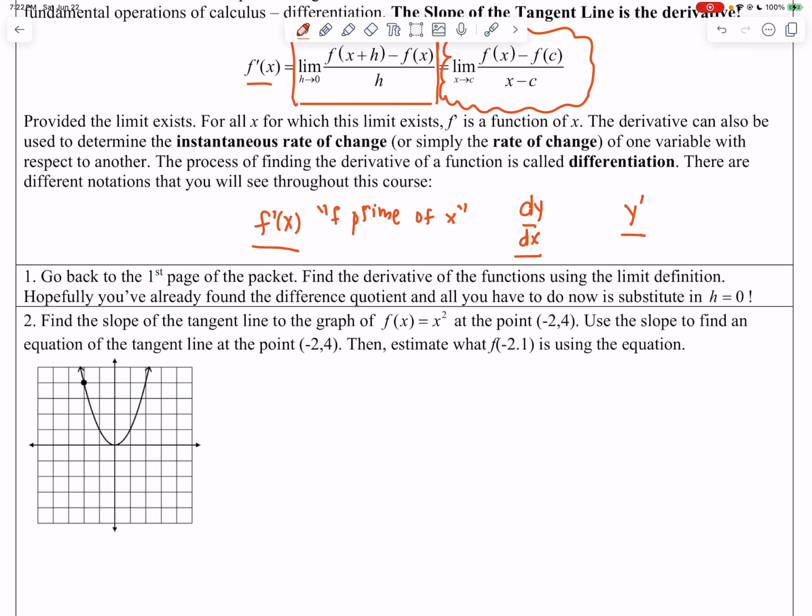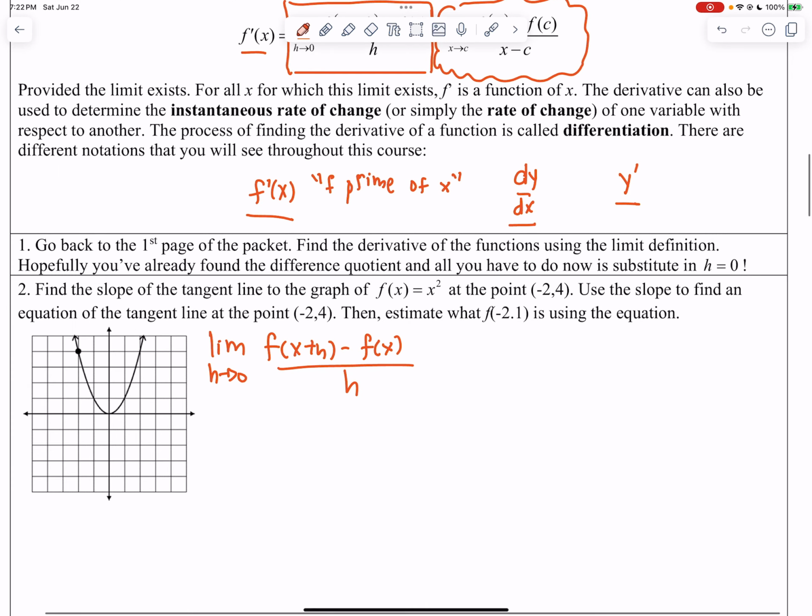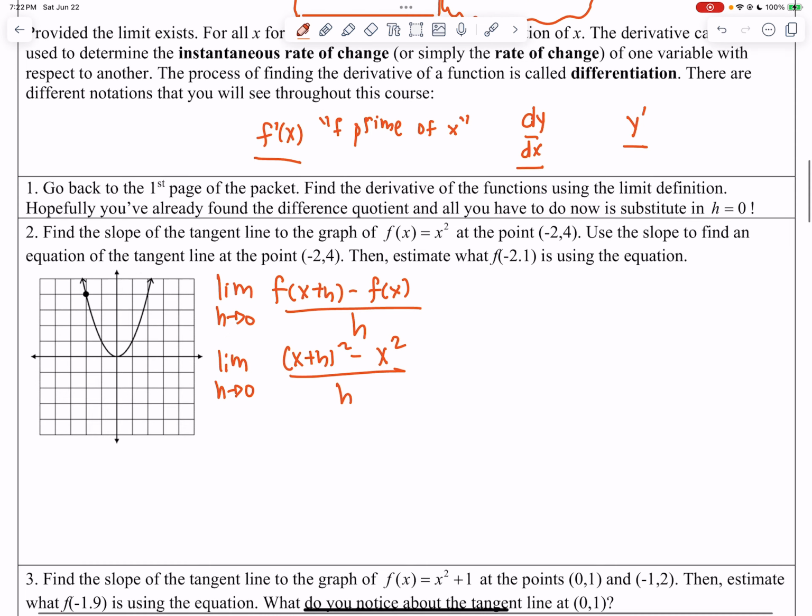All right, so first I'm going to go ahead and do this notation right here. This is going to be my difference quotient. So what I'm going to do is go ahead and do the limit as h approaches 0 of x plus h squared minus x squared all over h.